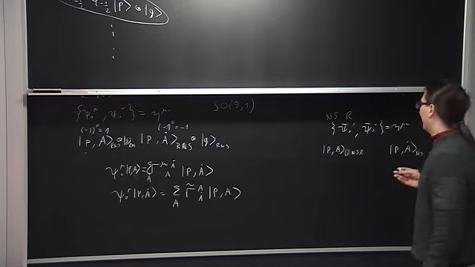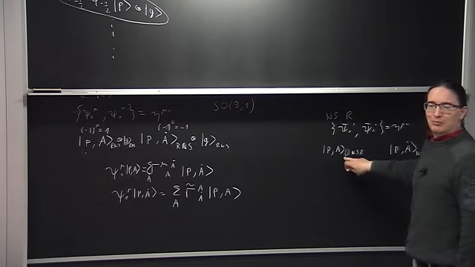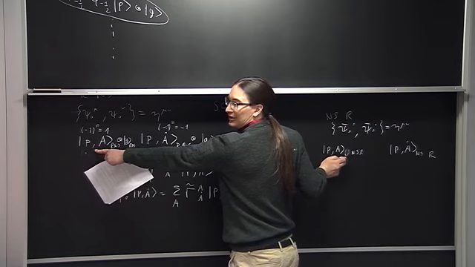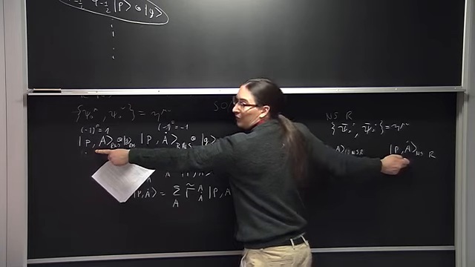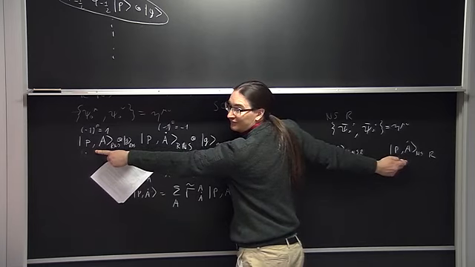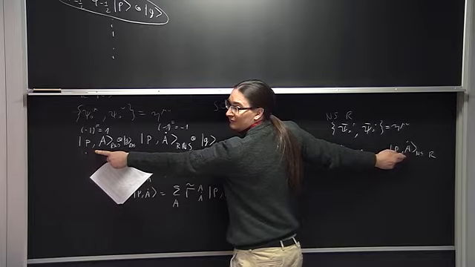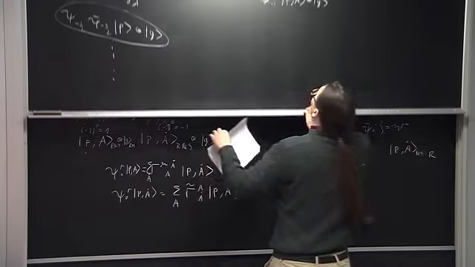It makes a difference to say I want to keep both collections of states with the same chirality, or I want to keep collections of states with opposite chirality. These are called type 2B and type 2A. So here you have a choice.